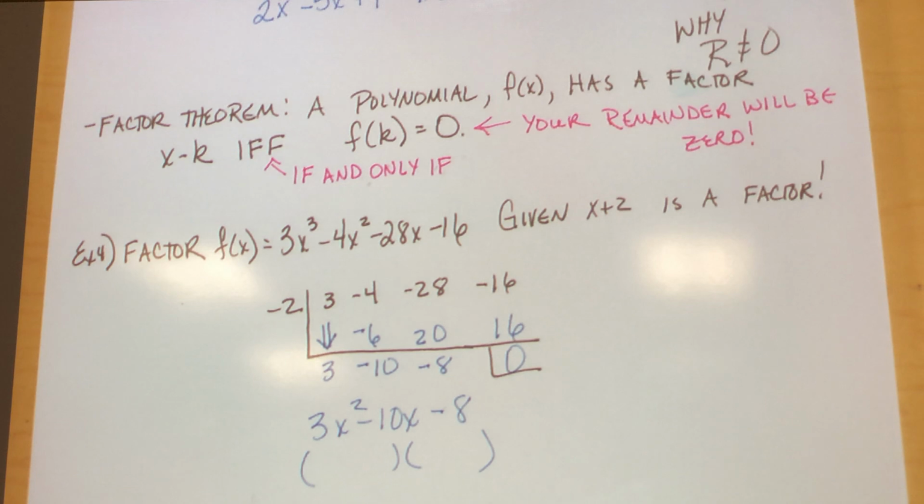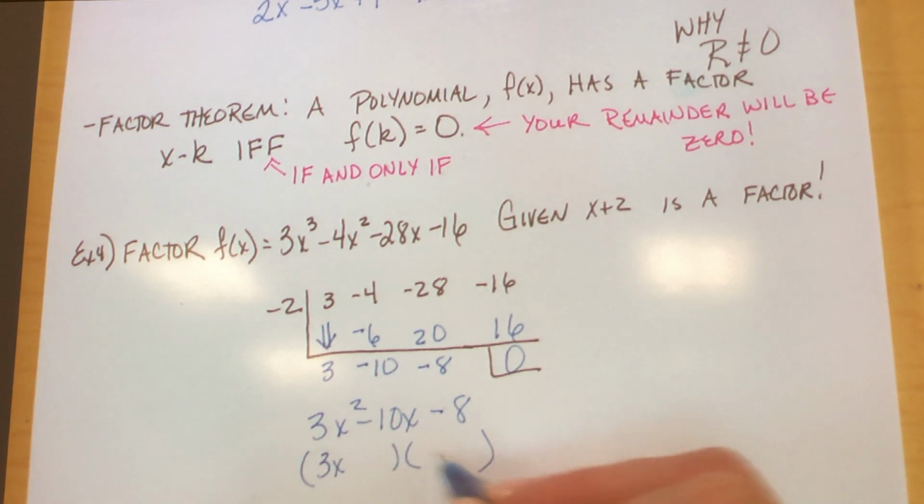Did you get it? Okay, so 3x squared factors into 3x and x.